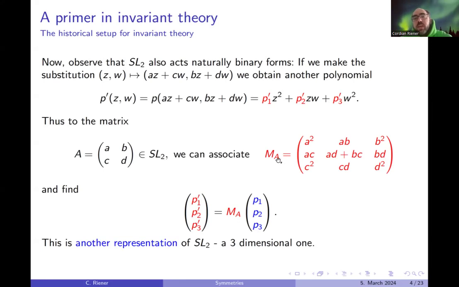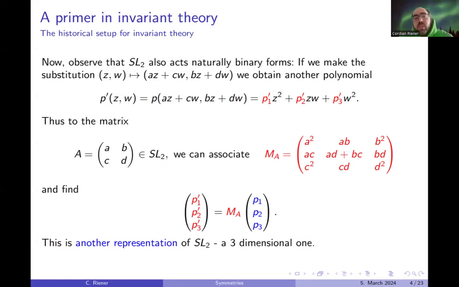And what you will find is that this is just a matrix M of A that I associate to my original matrix A that gives me the change of coordinates of my binary forms. So my new binary form, with coefficients P1 prime, P2 prime, P3 prime, is just given by applying my matrix M of A to the original coefficients. Okay, so this is very simple and very concrete.